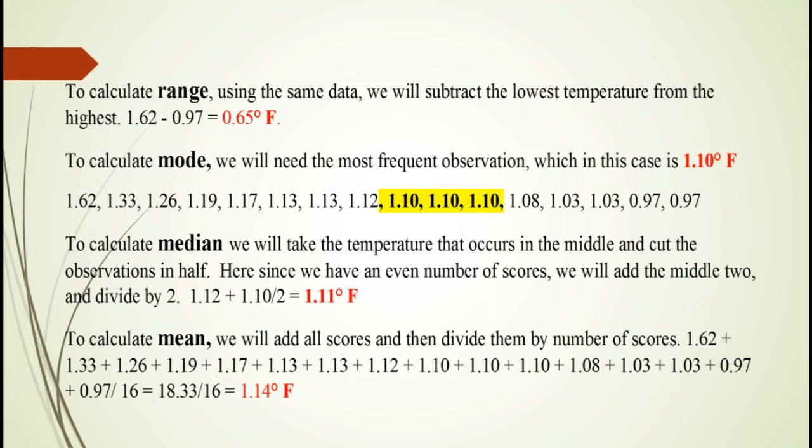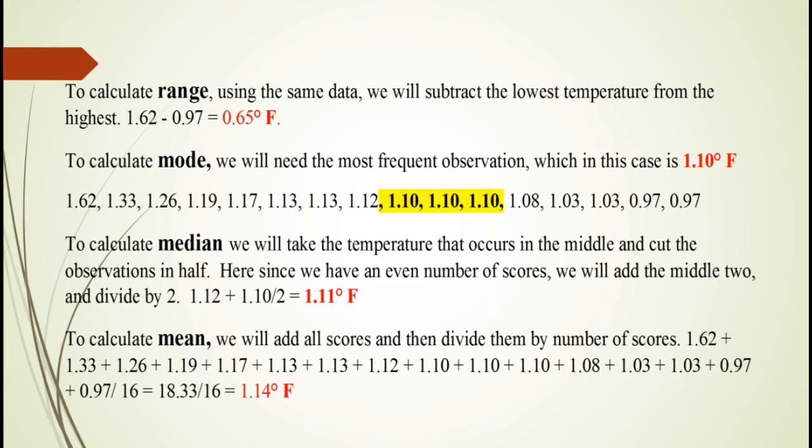To calculate median, we will take the temperature that occurs in the middle and cut the observations in half. Here, since we have an even number of scores, we will add the middle two numbers and divide by 2. 1.12 plus 1.10 divided by 2 equals 1.11 degrees Fahrenheit.